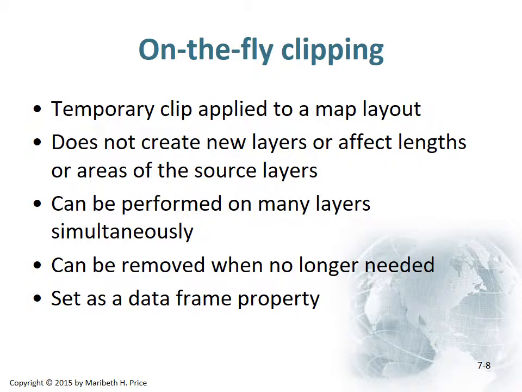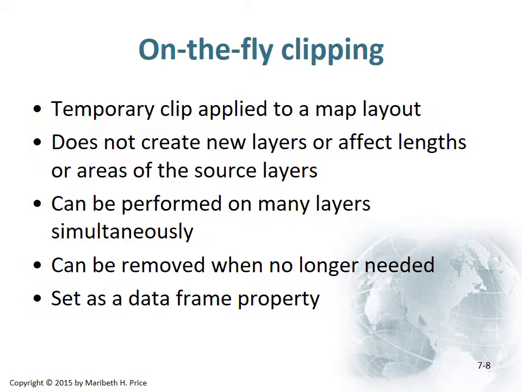ArcMap or ArcScene, ArcGlobe. And what it'll do is just restrict the visual properties of all your data sets to that study area. So visually it's going to look like you clipped them all, but mechanically you didn't touch the data sets at all.